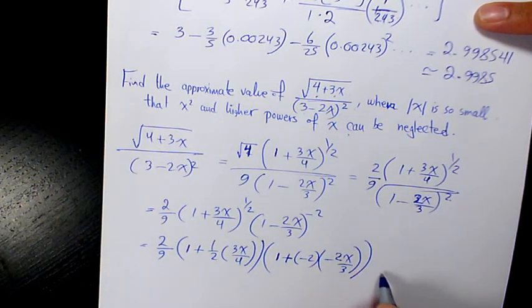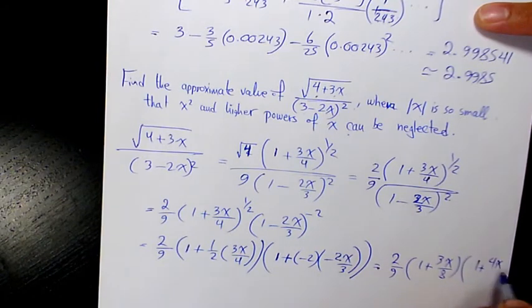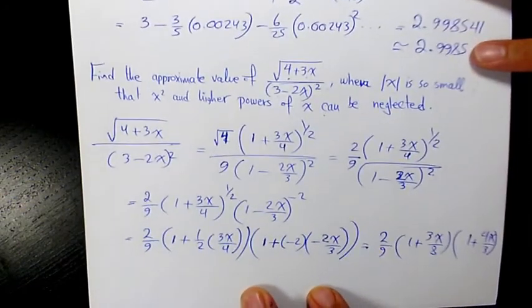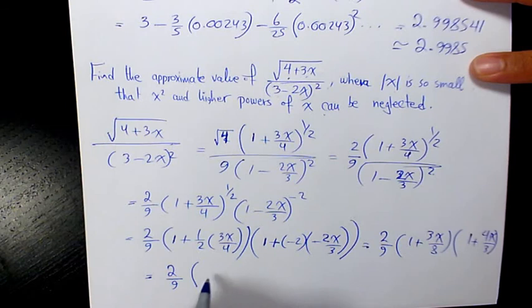When you multiply it, it's going to be 2 over 9, (1 plus 3x over 8) times (1 plus 4x over 3). When you multiply these two, you need to neglect the x squared term.